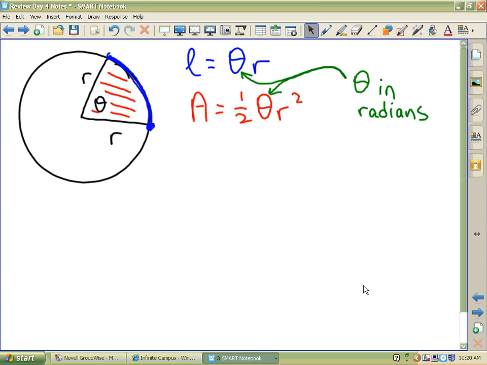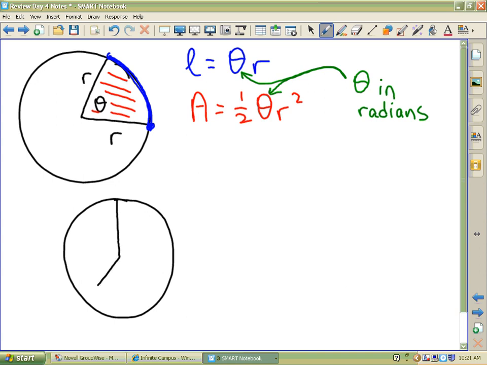So here we go. Let's do this. Circle and some angle, and it's like 225 degrees. I would tell you what 225 is in radians, but that would spoil all the fun.